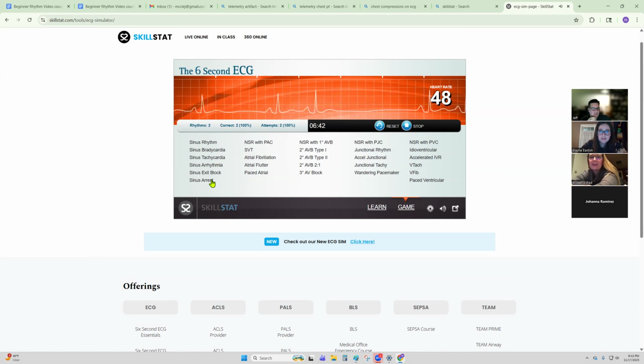What the heck is that? PACs, and they have a pause. It must be exit block because there is no sinus pause that I see. That one looks like a sinus exit block, the first one, but the second one I wouldn't agree with, but let's see. Yeah, they want to call it. So this game's not perfect. It's more about muscle memory.